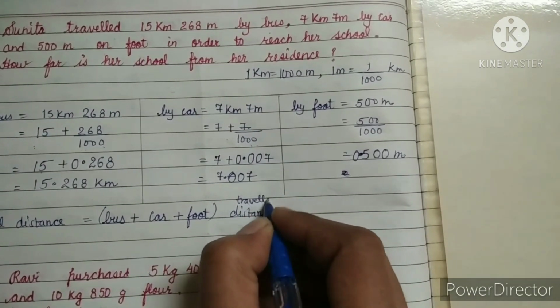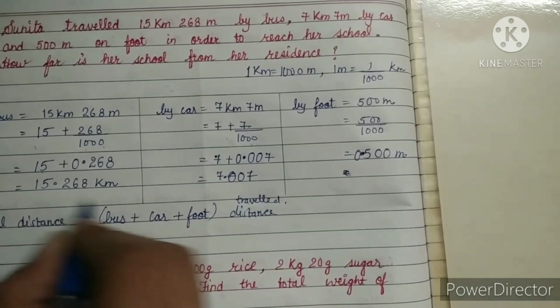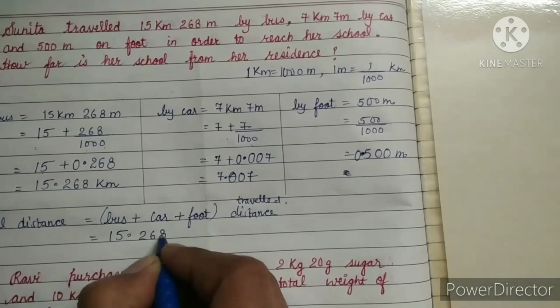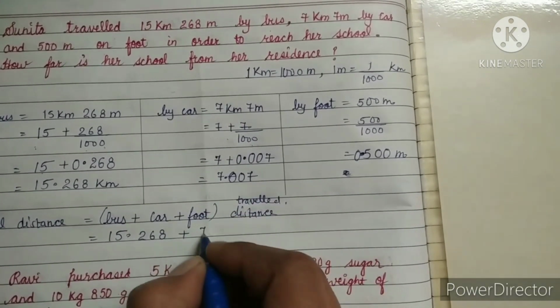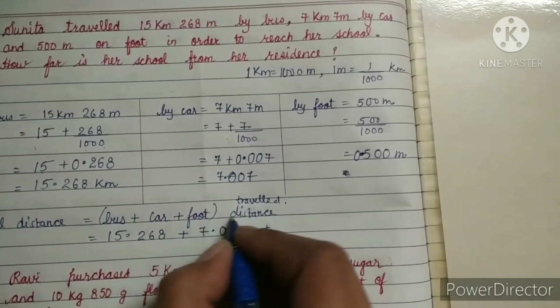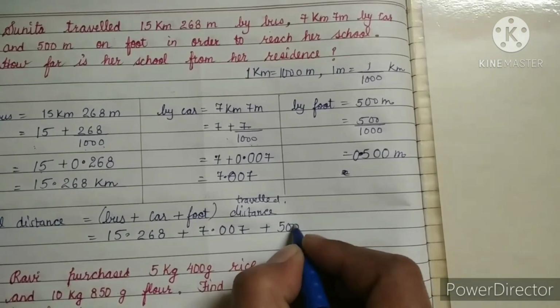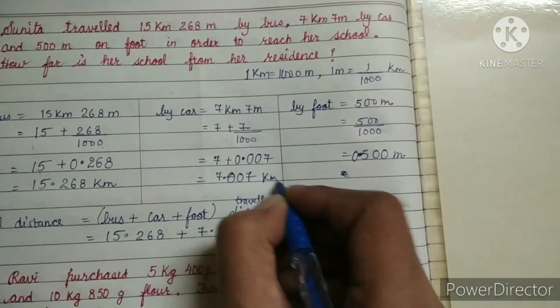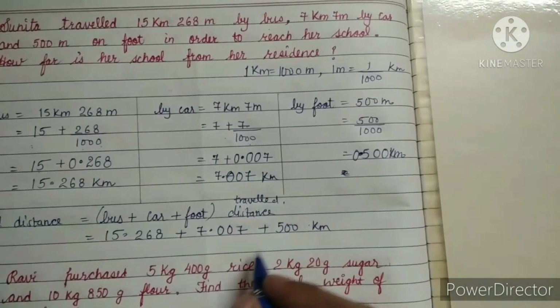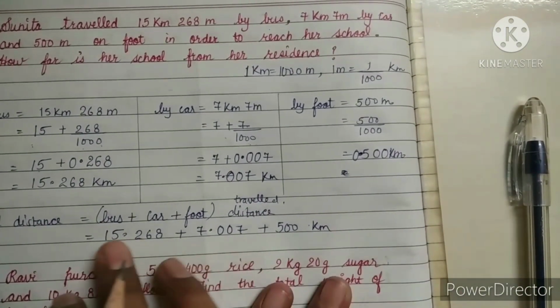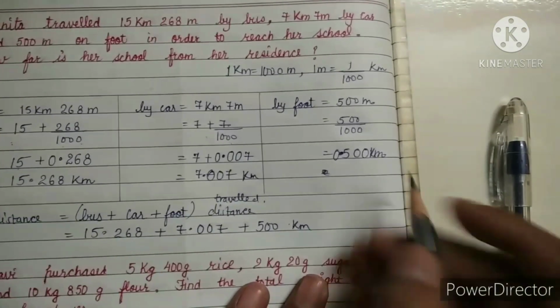By bus she traveled 15.268, by car she traveled 7.007, and by foot she traveled 0.500 kilometer. All units are in kilometer. Now in the rough you can add it, or you can also apply the vertical process here.